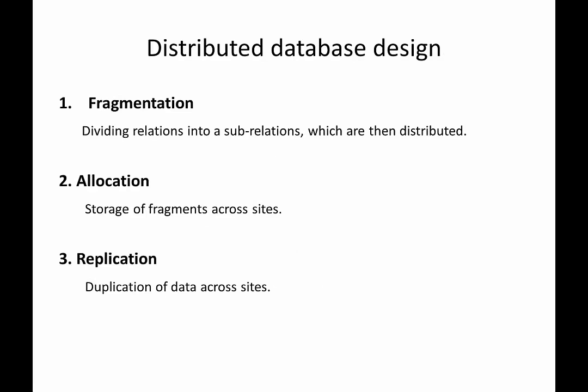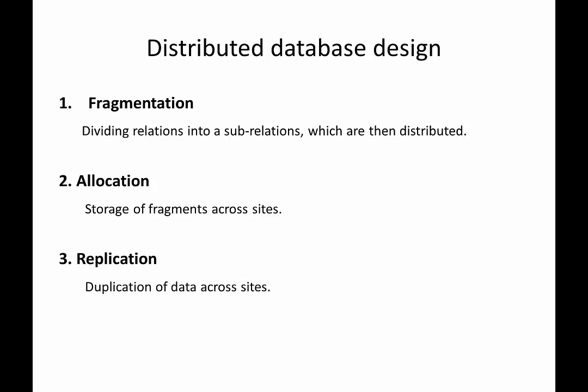Okay, how do they actually work? Really quickly, the principles: how do you actually distribute a database? Well, you fragment the data. You divide the relations into sub-relations, which are then distributed across the system.